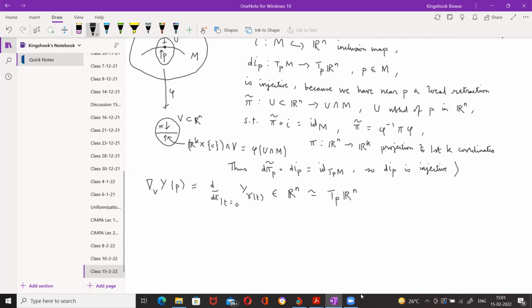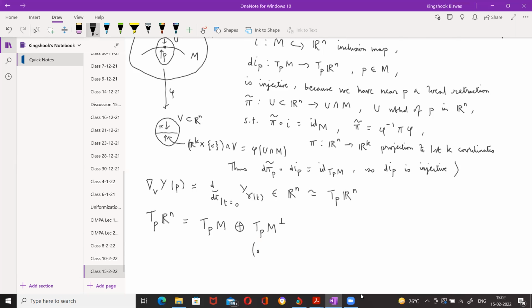But now, if we want to differentiate and get a vector field which is tangent to M, then what should we do? What we can do is look at T_P R^n, where we have T_P M as a subspace. So we can look at the subspace, direct sum its orthogonal complement, right? Because T_P R^n is an inner product space with the usual inner product on R^n.